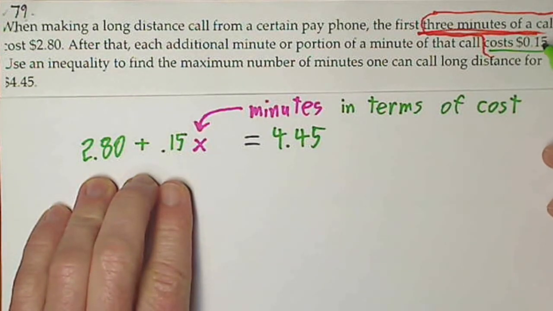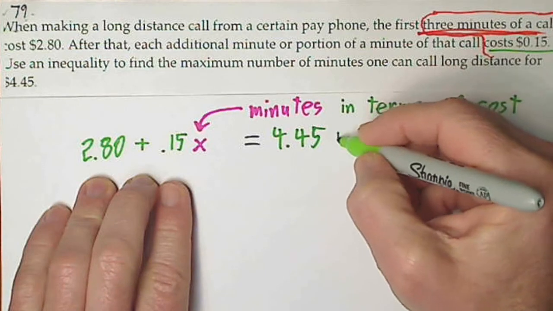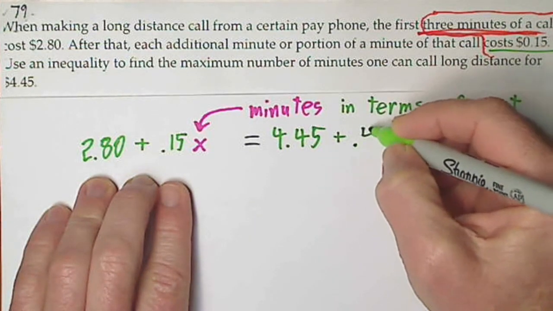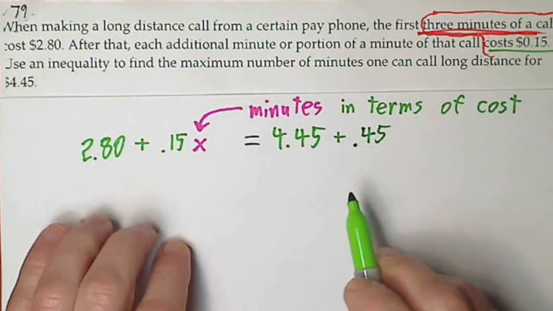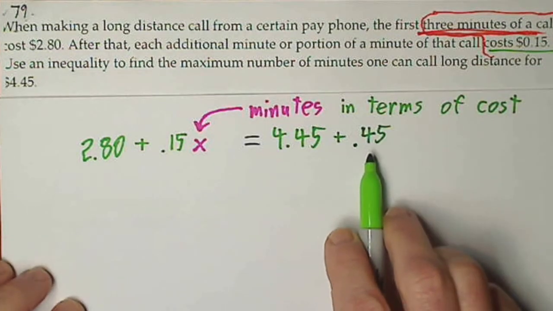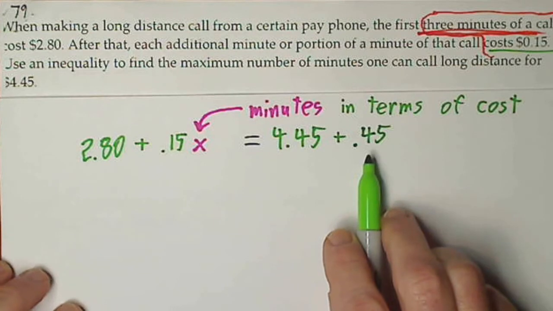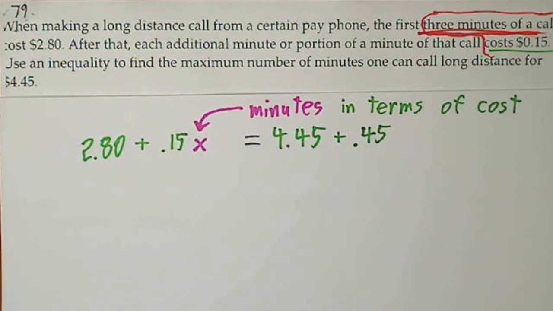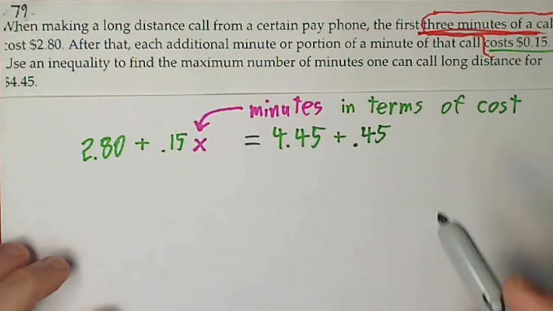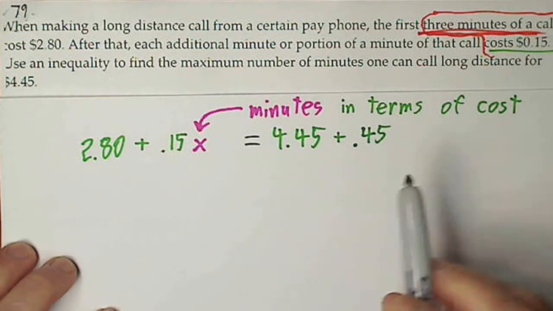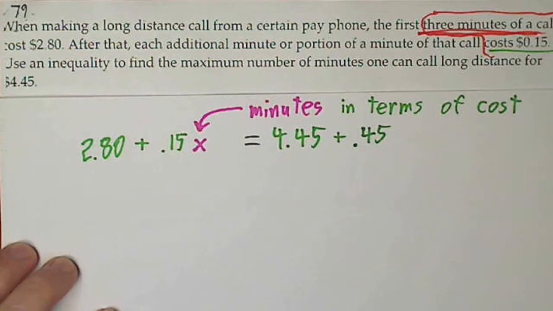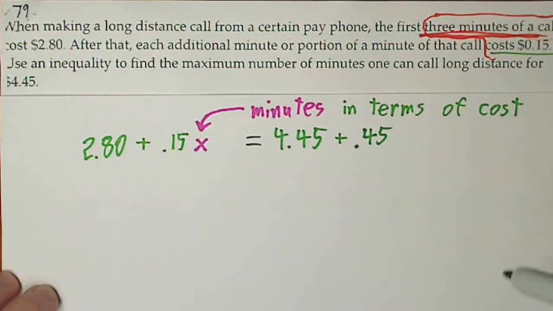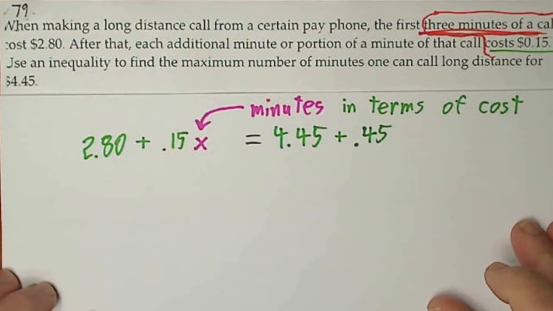So in order to compensate for that, I'm going to have to put my 45 cents over here. This is the only way to show that I get 3 minutes when I spend that. I don't anticipate you're going to encounter a lot of problems like this, so if it's a bit confusing, you might just ignore the 3 minutes until the end and tack it on your answer. But if you did that, you wouldn't have your 45 here.